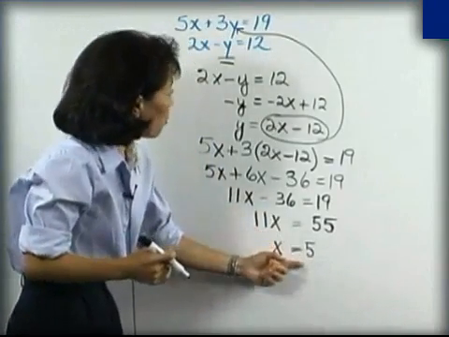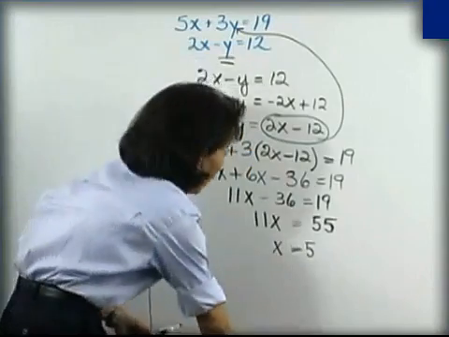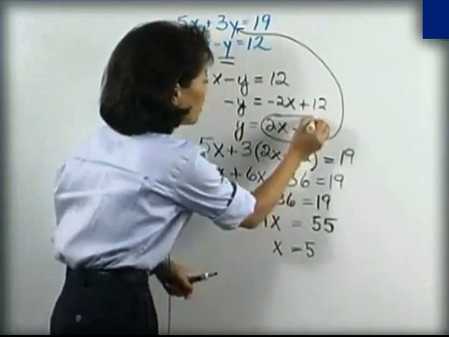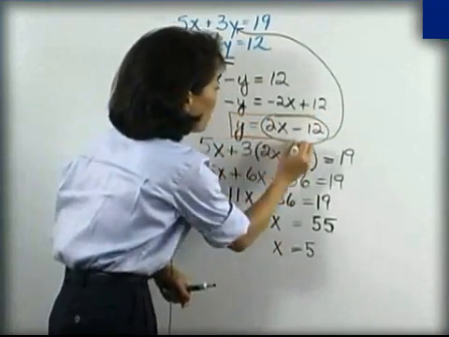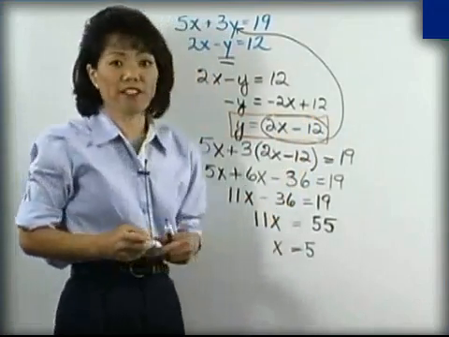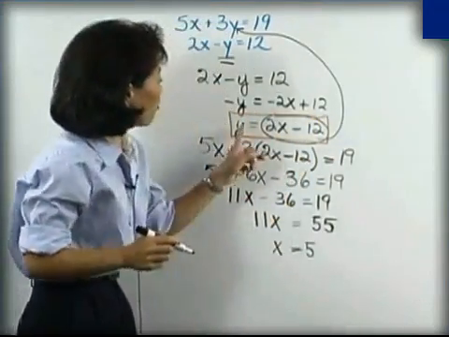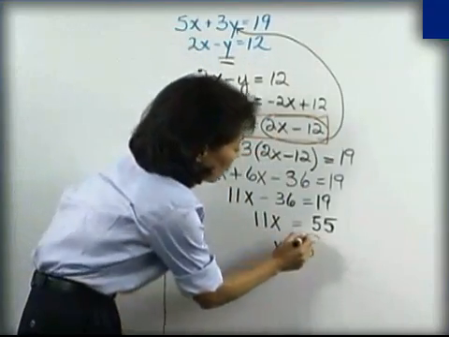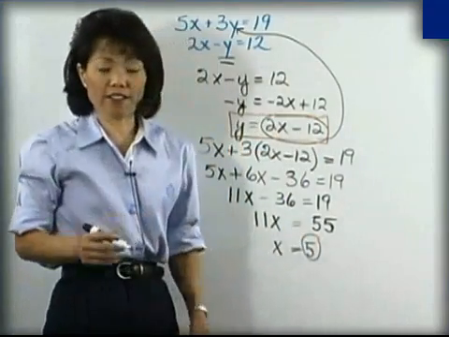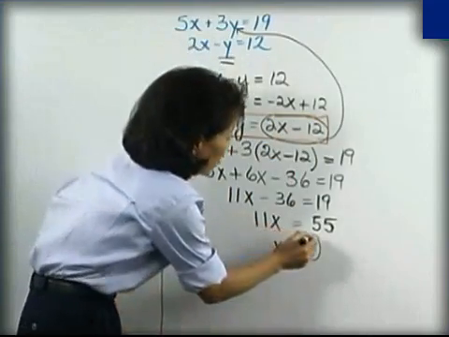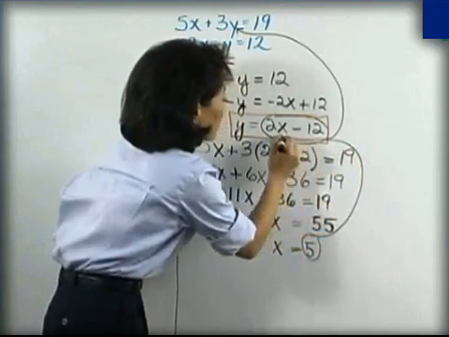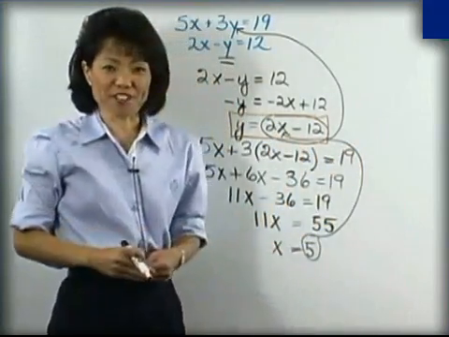The way we solve for y is we can actually go back to this equation here, where we have y is equal to 2x minus 12. To solve for y then, we're going to take the value we found for x, 5, and substitute this right back in that equation.